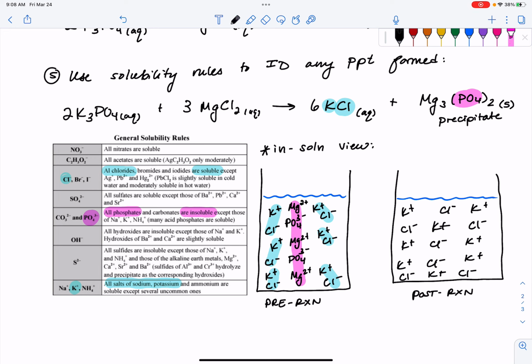So this is going to create solid Mg3(PO4)2, which is our solid insoluble precipitate. Okay.